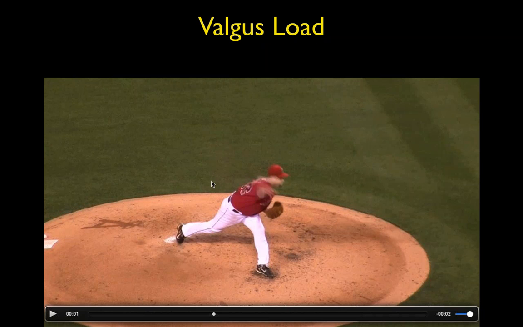And the more he can get his arm back, the more arc he has to put momentum on the ball. If you can only get your arm straight above your shoulder, like me, and then you release it at 10 degrees forward, I only have a 10-degree arc to put momentum on the ball, so my fastball may be 40 miles per hour, which isn't going to cut it in Major League Baseball.